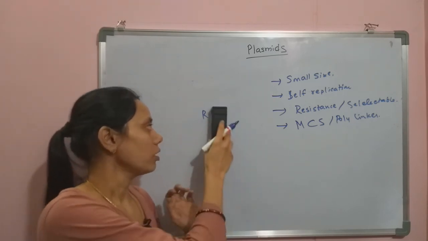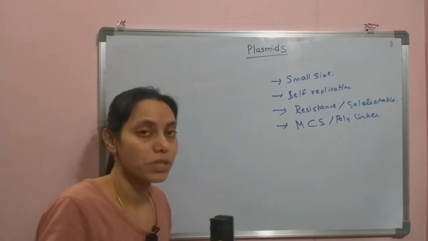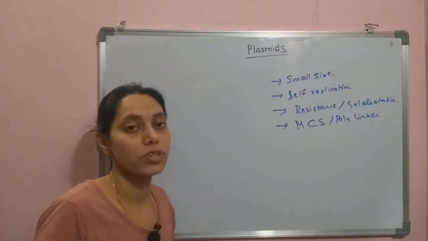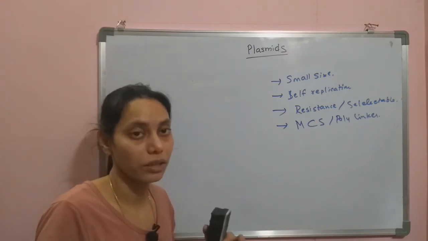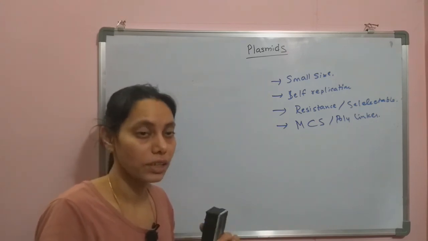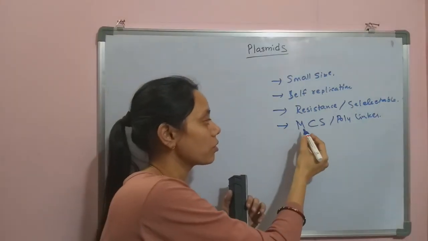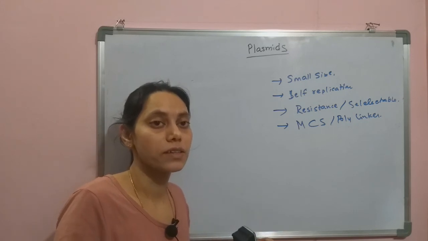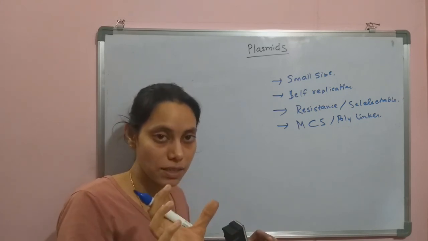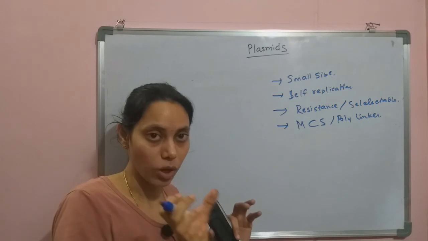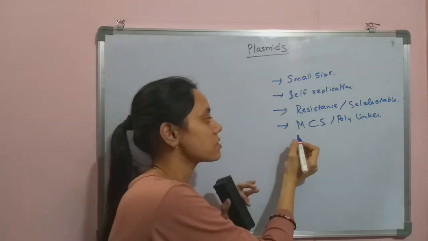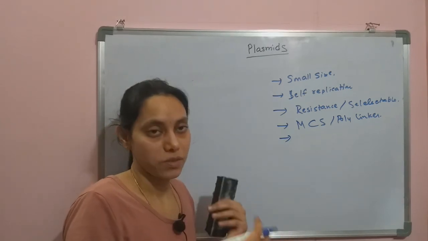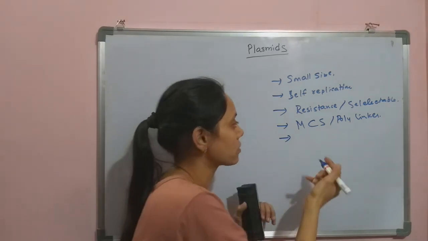Generally, plasmids can be artificially made to have more restriction sites than occur in the natural system. That means this multiple cloning site or polylinker has a number of restriction enzyme sites in a single, very small portion of the DNA. So we can insert this MCS artificially, or naturally these plasmids possess restriction enzyme sites.